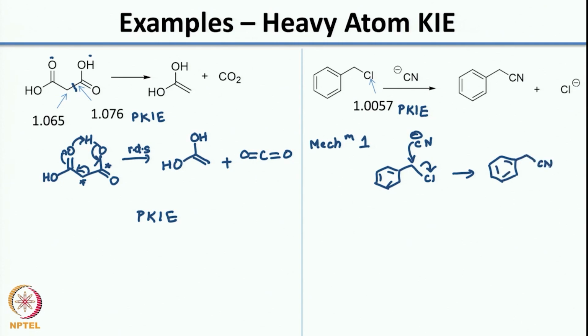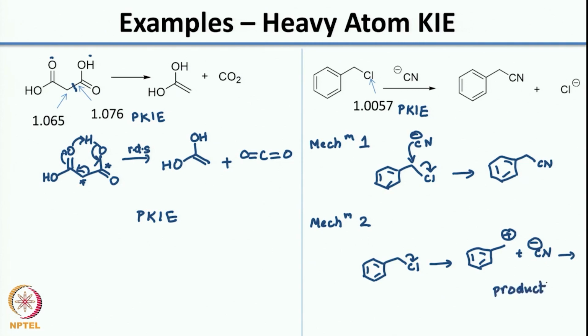The other mechanism would be an SN1 like mechanism, where the first step would involve formation of this benzylic cation and then you would have CN minus add in to give you the product.